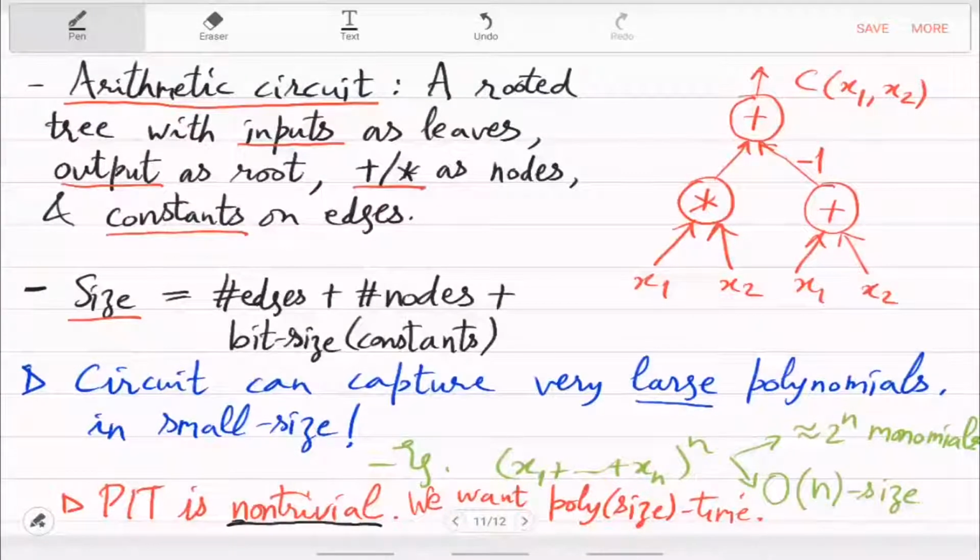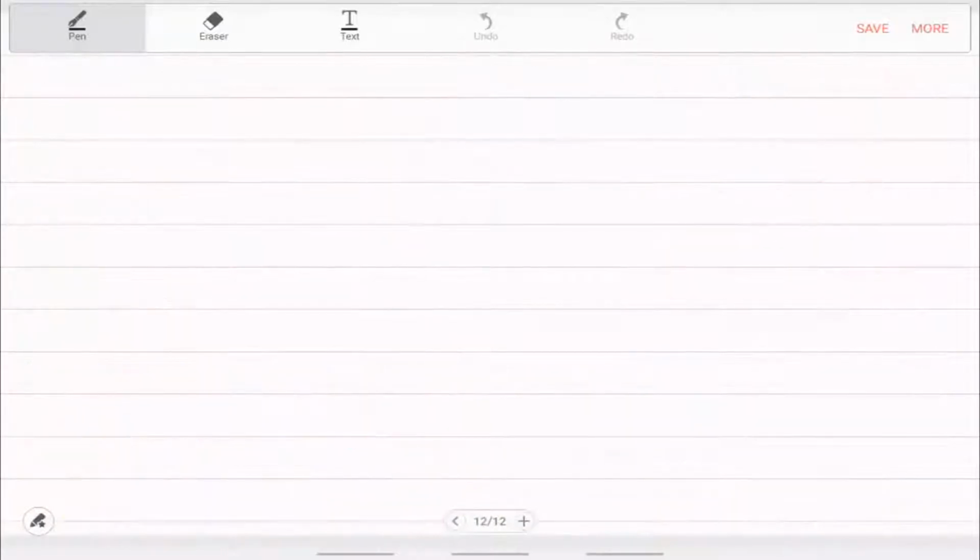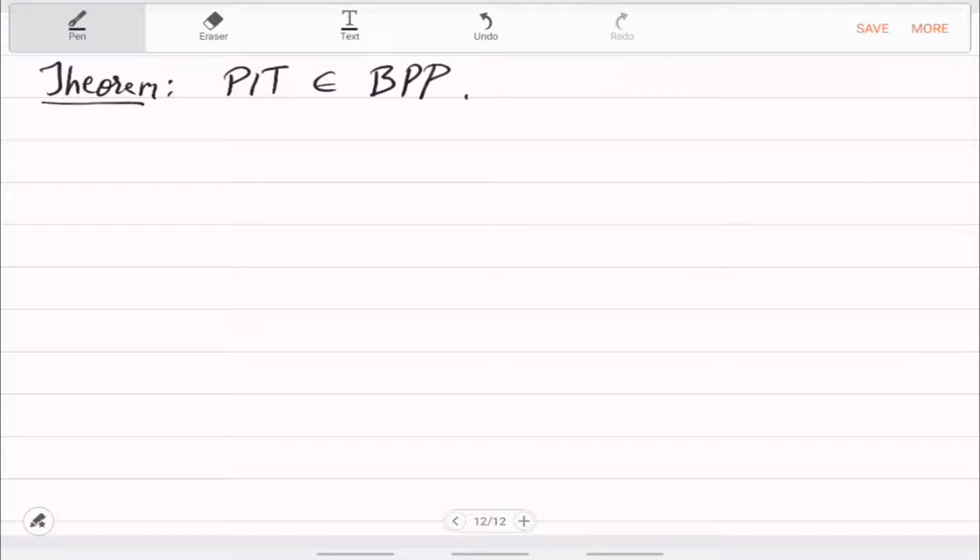Ideally you will ask whether there is a practical algorithm, and you will be surprised to know that there is. So what we will show today is that this problem of PIT is in BPP. So what is BPP?